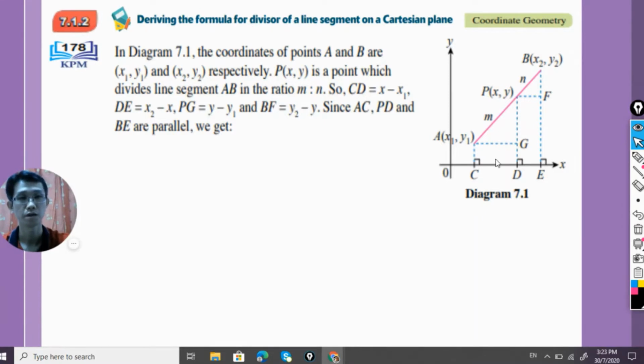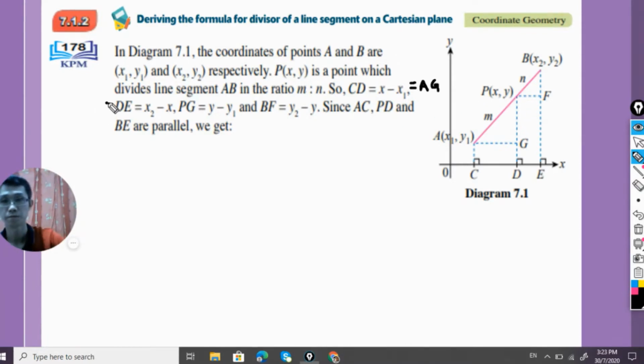So here, as you can see, CD or AG is actually equal to x minus x1, while DE or PF is given by x2 minus x. PG will be equal to y minus y1 and DF will be y2 minus y.